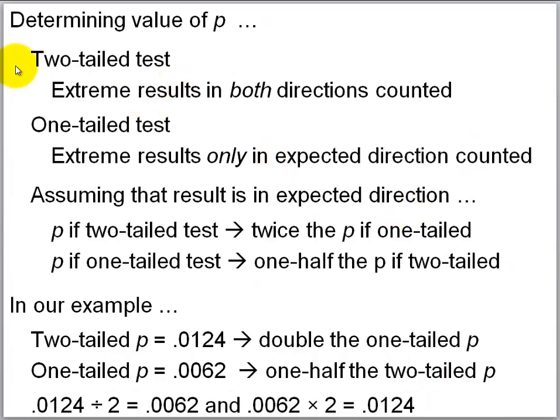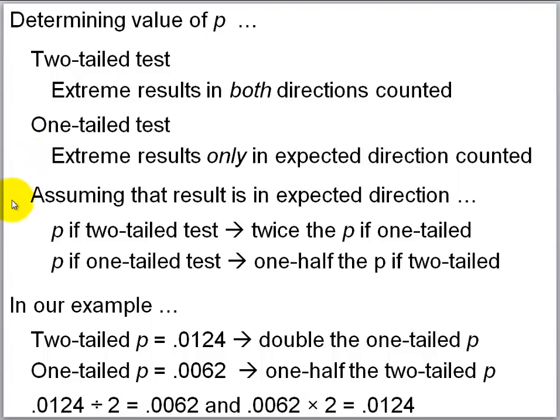Let's talk almost intuitively about how you determine the value of p in a two-tailed test versus a one-tailed test. With the two-tailed test, you're considering results in both directions. With the one-tailed test, you're only considering results in the direction of expectation.